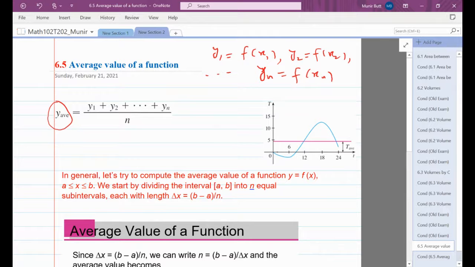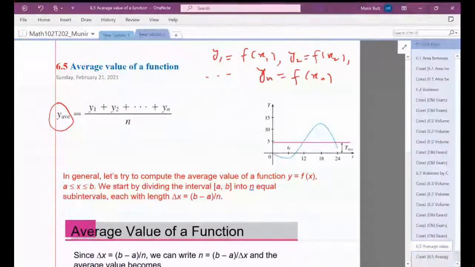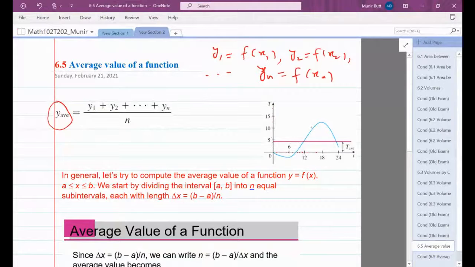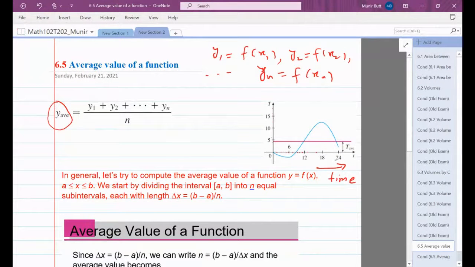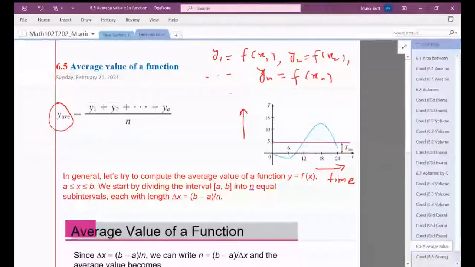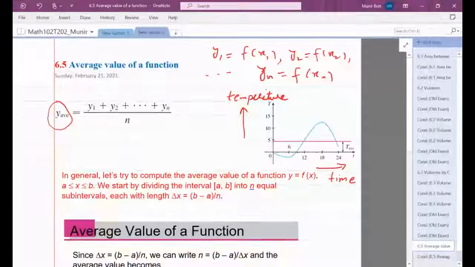Graphically, you have the x-axis with some points, and then the function values, and you want to calculate the average. For the sake of an engineering problem, since most of the students are from the engineering department, suppose in the x direction we have time, and for each time during the 24 hours the y-axis shows the temperature during the day.